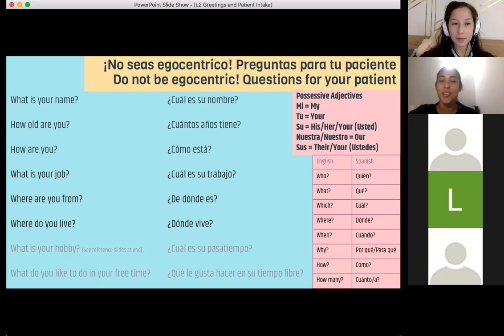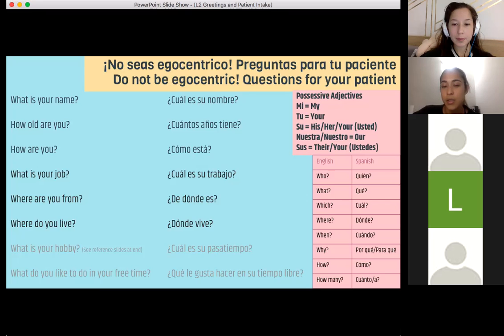And here are some more phrases for you to get to know your patient and get the conversation started. We have a few charts here. The one on the bottom talks about how to start your questions. So who will be quién, what will be qué, which, cuál, where, dónde, when, cuándo, why, por qué, or para qué.